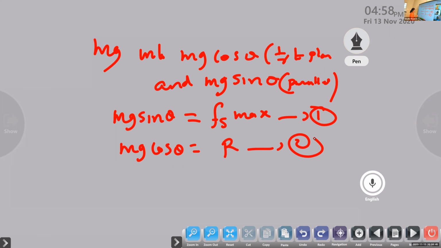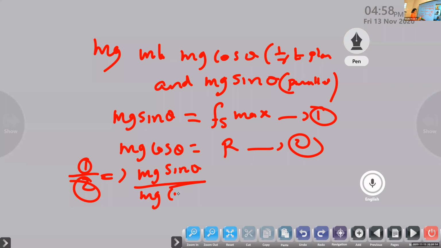Then we have to find 1 divided by 2, mg sin theta by mg cos theta. You are getting tan theta. Tan theta is equal to Fs by R. Then what is Fs by R?